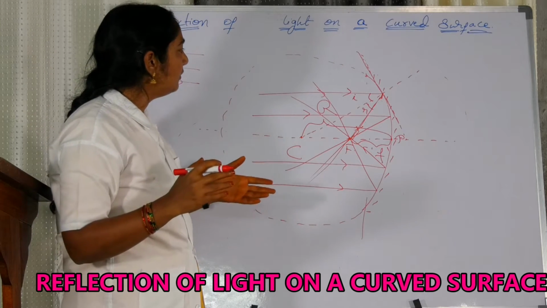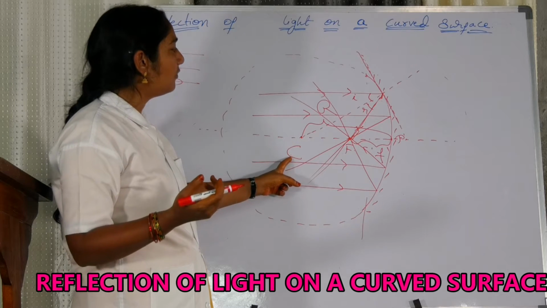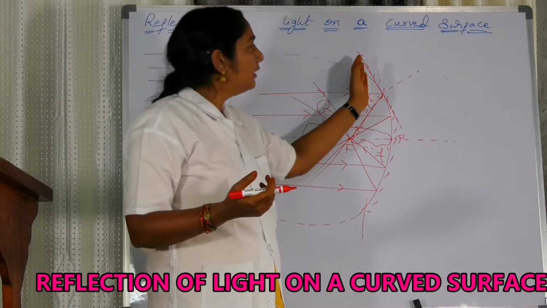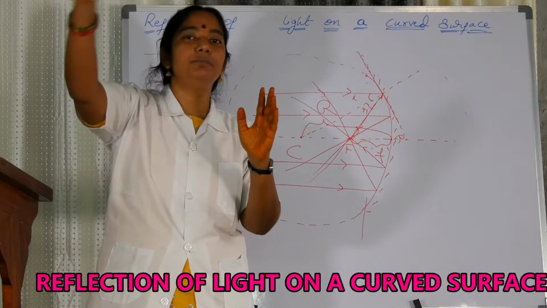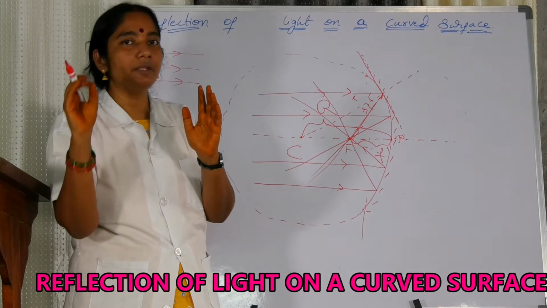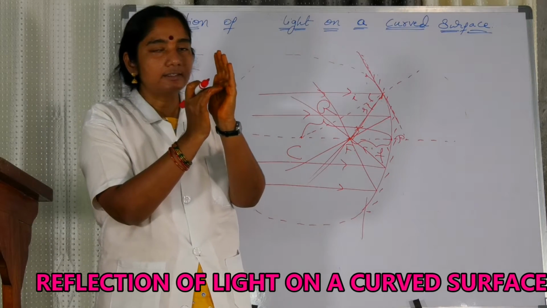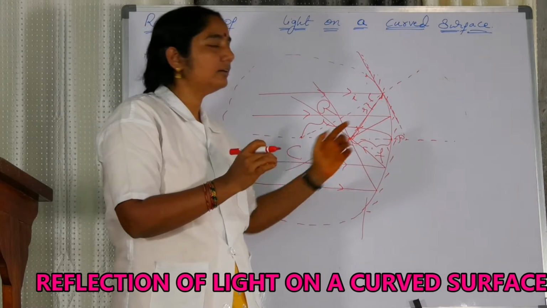So now here we have discussed a few terminologies. What is center of curvature? If you take a mirror and complete a sphere out of that mirror, the center of that particular sphere is called the center of curvature, and the center of this particular mirror is called the pole of the mirror.